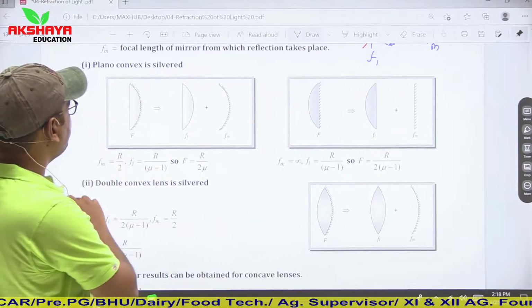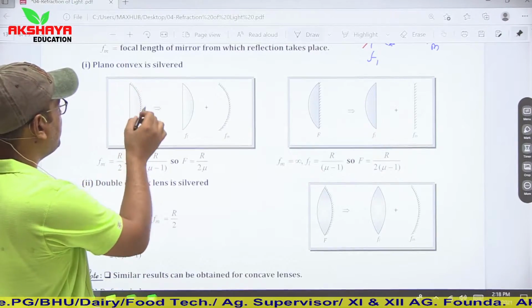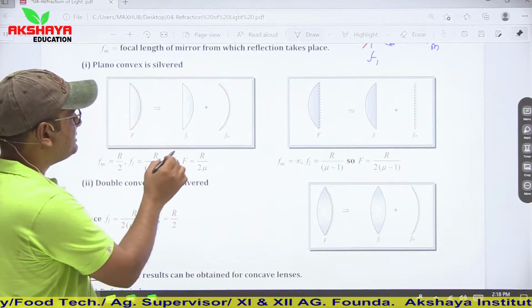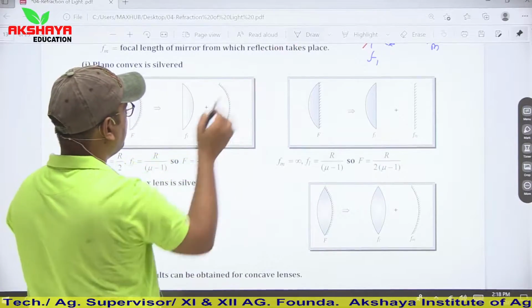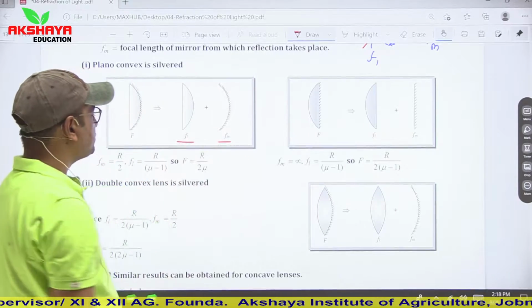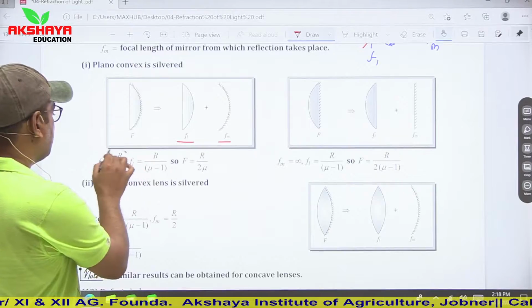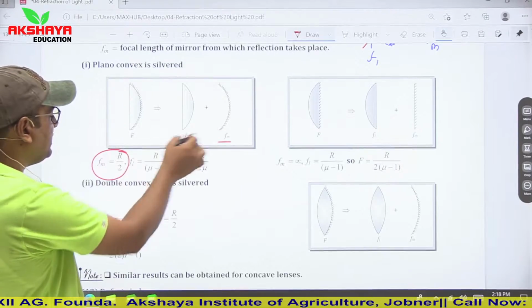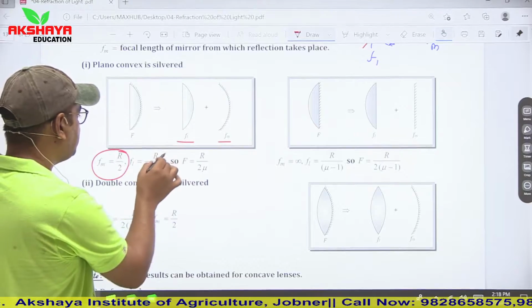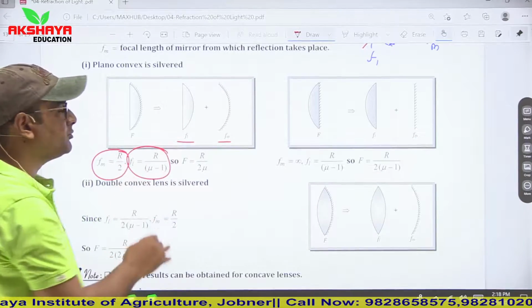So this is a plano-convex lens, and this convex surface is silvered. In this case we can say that this is the combination of a plano-convex lens and a mirror. In this situation, the focal length of this mirror is r by 2, meaning half of the radius, and the focal length of this surface is r upon mu minus 1.